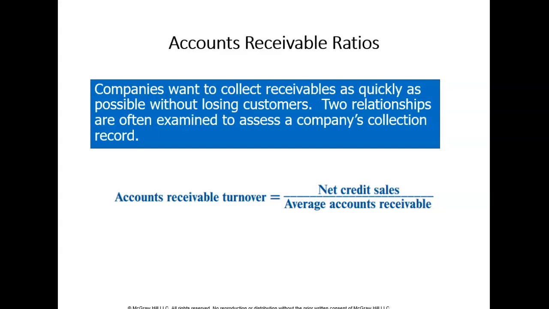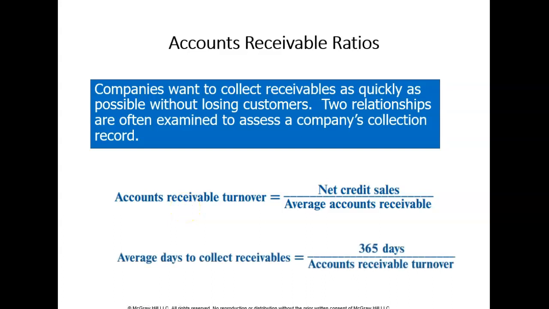So again, write down this definition. The formula is net credit sales divided by your average accounts receivable. Net credit sales divided by the average accounts receivable is accounts receivable turnover.